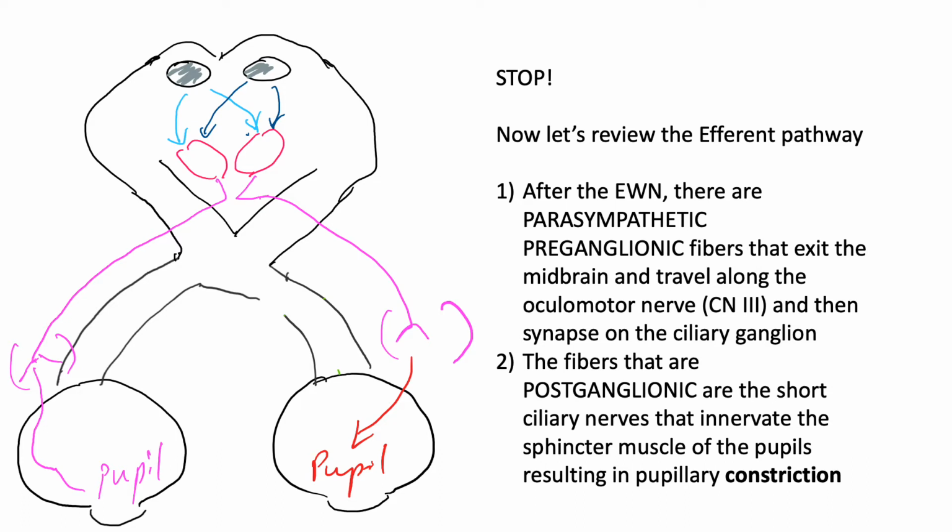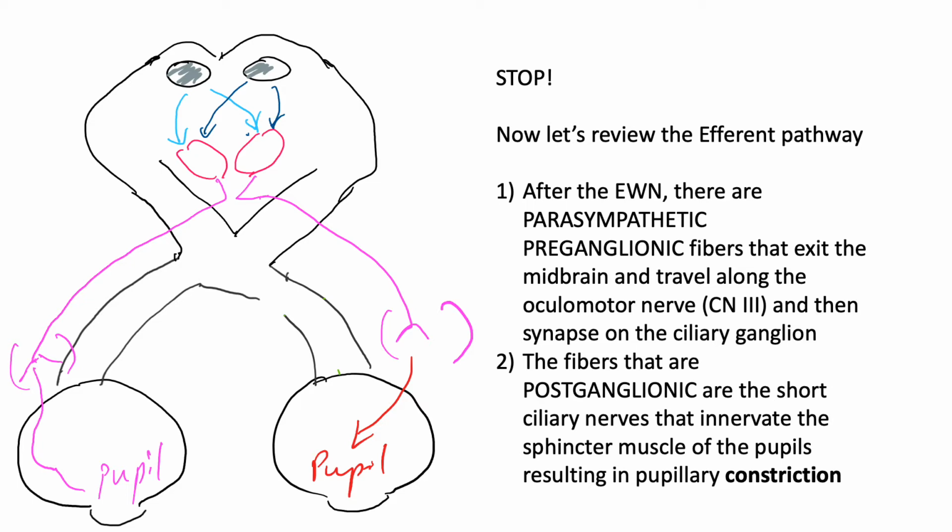So let's stop and review the efferent pathway. After the Edinger-Westphal nucleus, there are parasympathetic preganglionic fibers that exit the midbrain and travel along the oculomotor nerve, otherwise known as the third cranial nerve, and then synapse on the ciliary ganglion.